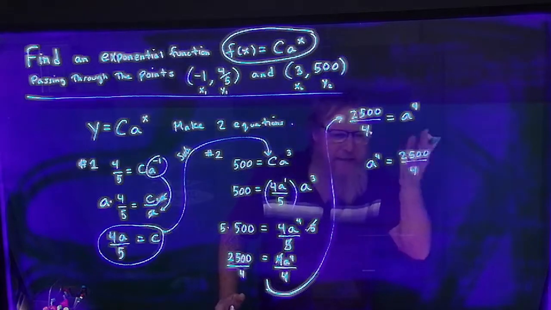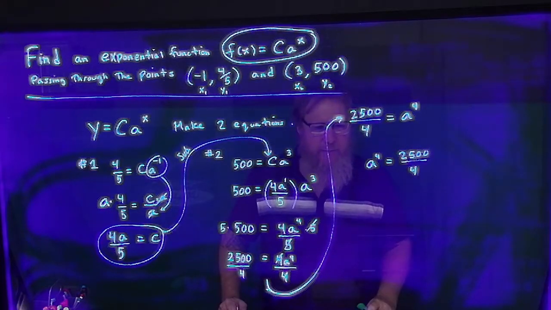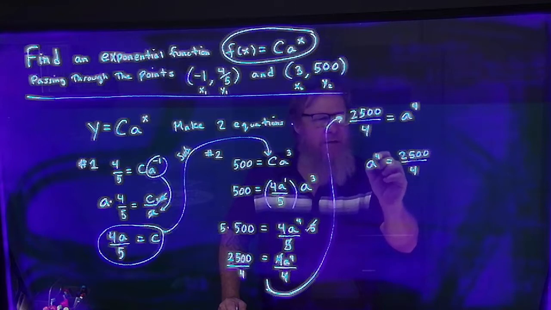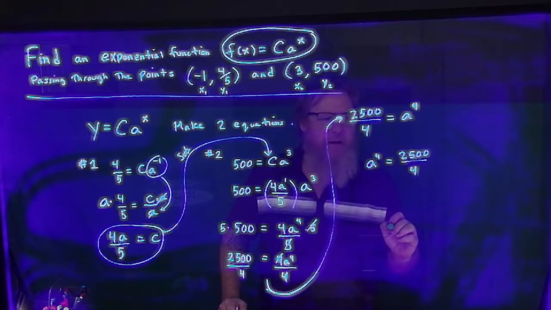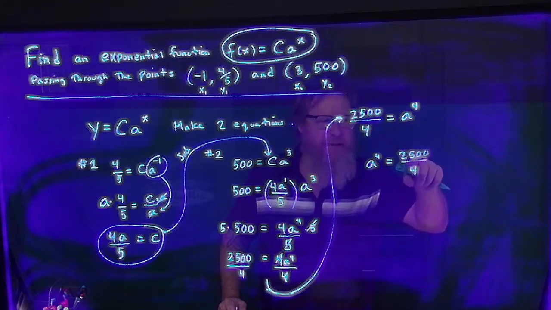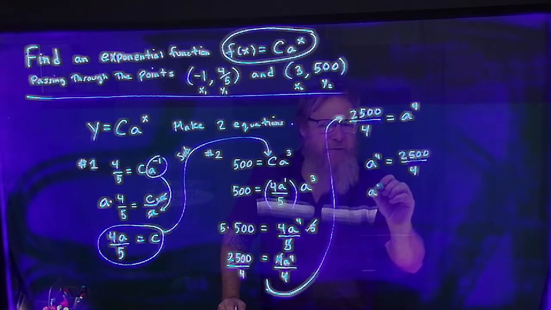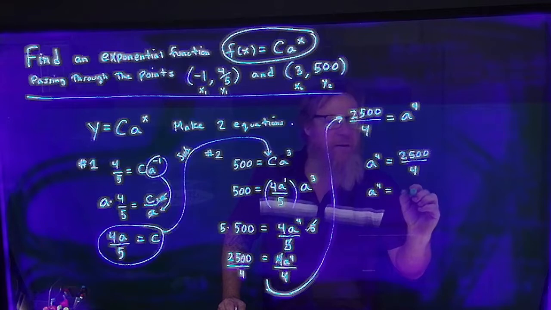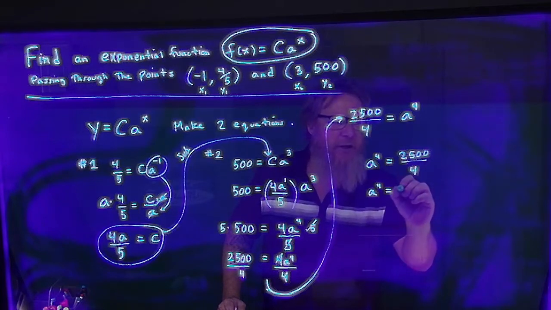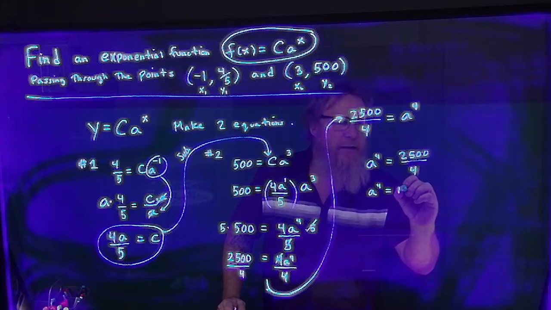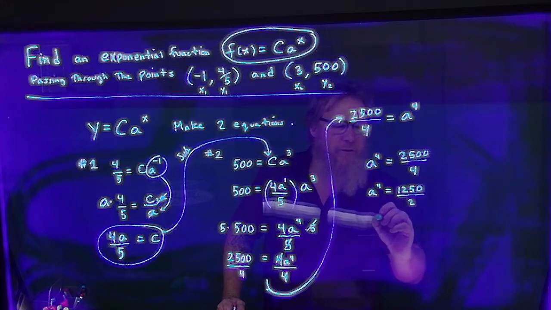I'm right-handed, I like to see it written on the right hand. So now we need to find the 4th root of 2,500 over 4. Now I'm hoping that this is divisible. What is 2,500 divided by 4? Well, 2,500 divided by 2, I don't have a calculator handy, is 1,250. So that'll be 1,250 over 2.